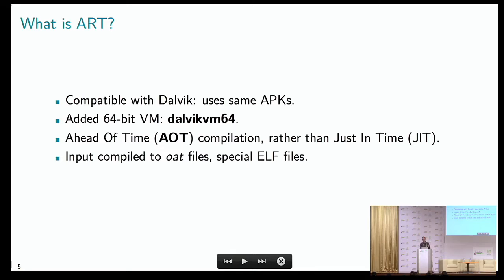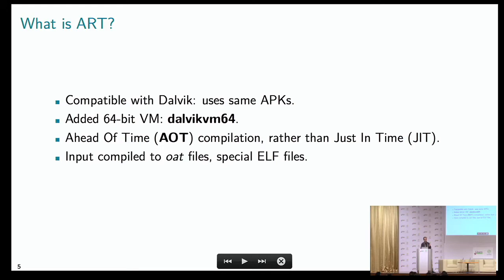With Art, you have ahead-of-time compilation, which means that at the time of installation of the application, the APK gets converted into an oat file, which contains native executable code. And when the application is then executed, this oat file, which is cached in a directory, is used to run the application. Oat files are special types of ELF file, and later in the presentation, we'll see the content of them.